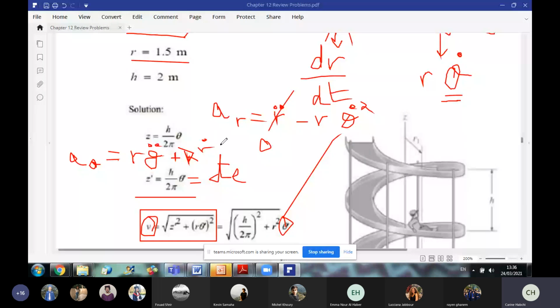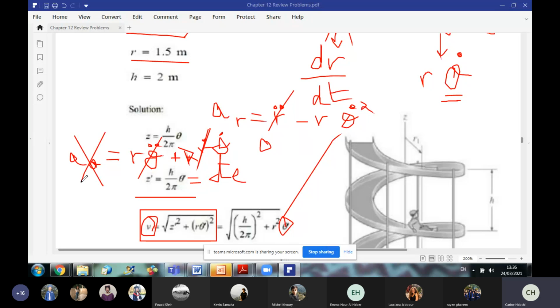Because in this problem we have demonstrated that R is constant, there is no R dot, so the term 2R dot theta dot will cancel out. And because theta dot is constant, theta double dot will also be 0. So no value of A theta. A theta is 0.